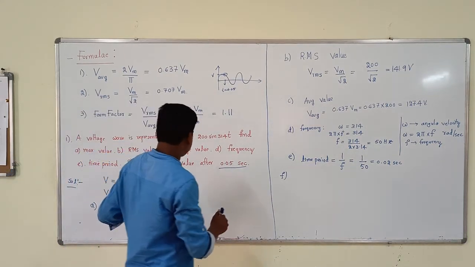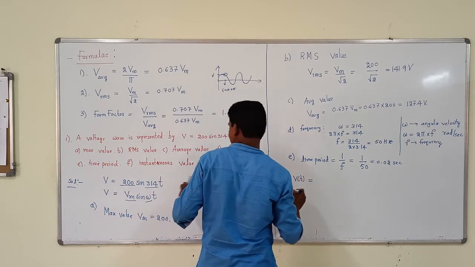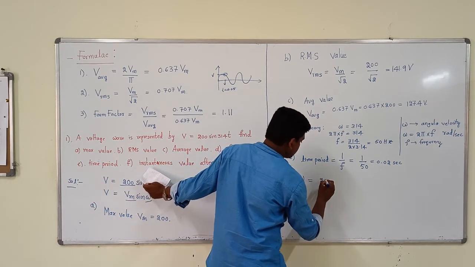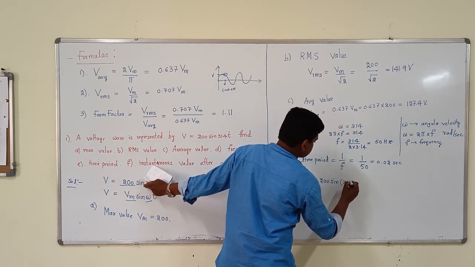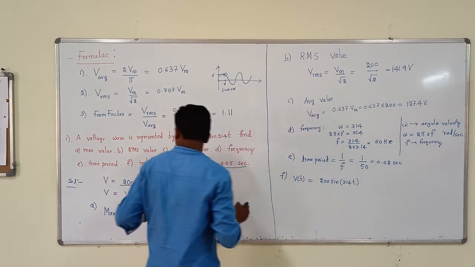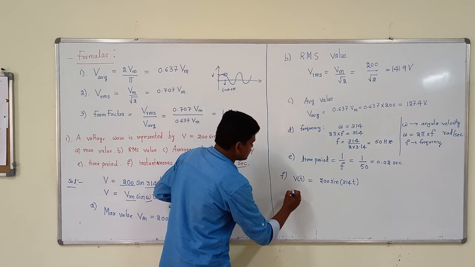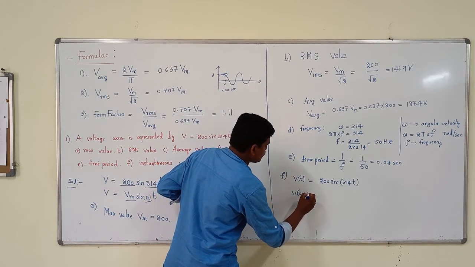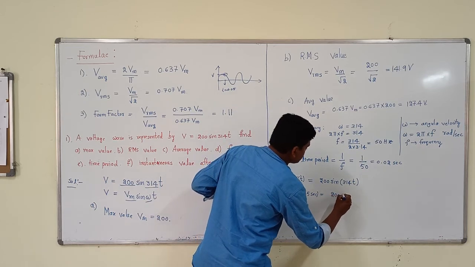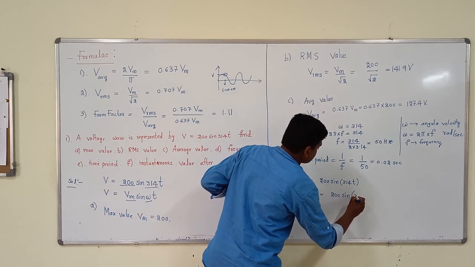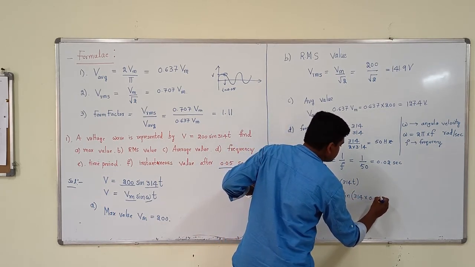For that, first write V of t in this format: 200 sine 314 t. But he is asking at which instant? 0.05 second. So substitute: 200 sine 314 into 0.05.